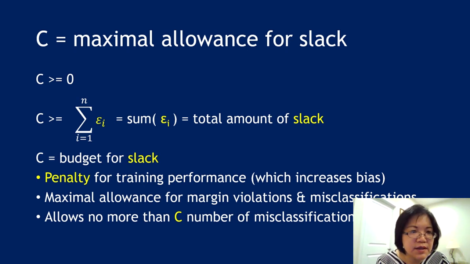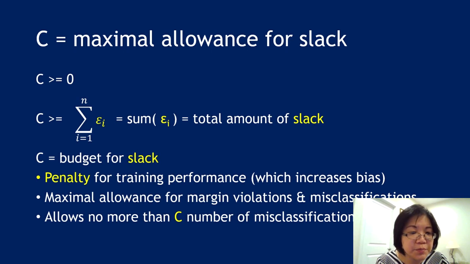In this particular case, we can consider C to be a penalty term. In our previous machine learning lectures, we have talked about penalty a lot. Penalty is really a term for sacrificing training performance in order to gain some testing performance.